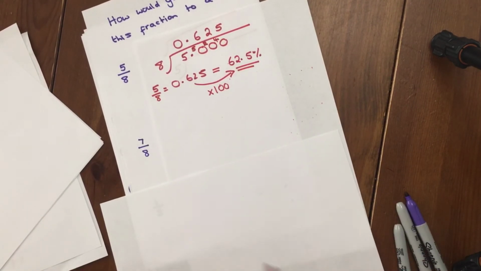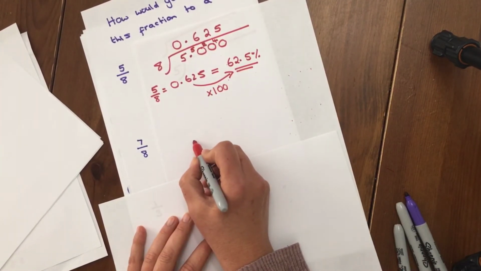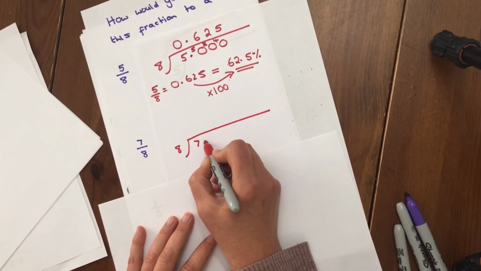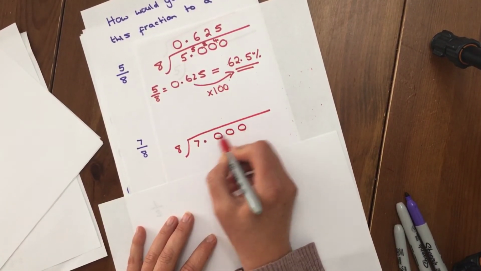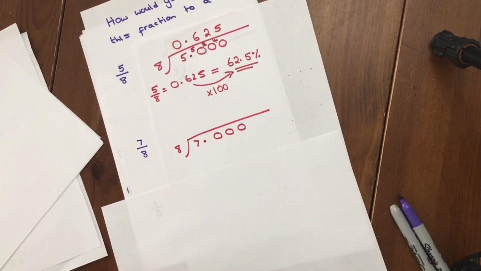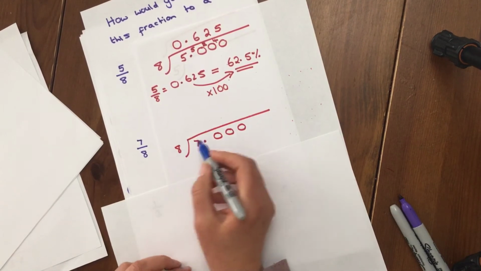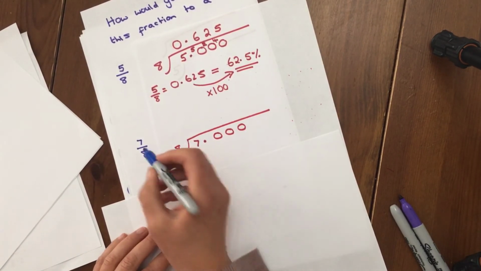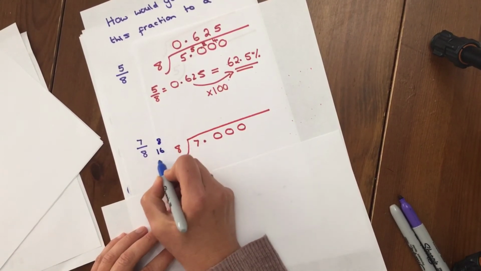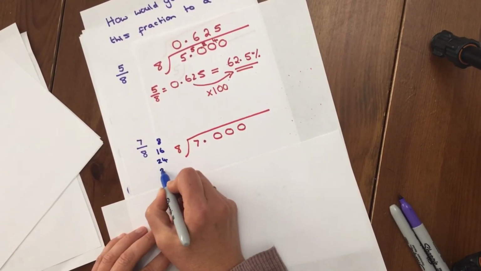I'll pause the video. If you need a bit of help starting, this is what you would do. You need to change it to a decimal. If you want me to write down the 8 times table for you, I can write it here. 8, 16, 24, 32.